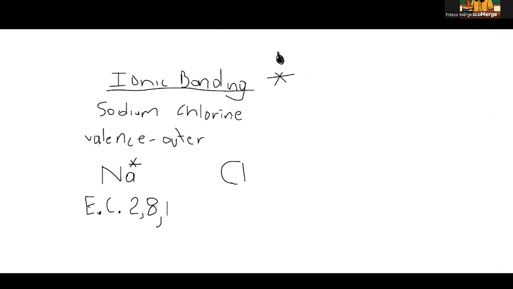Remember, an easy way to get it is to look at the group number of the particular element participating in bonding. Which group do we find chlorine in again? Group 7. Good. So that means it has 7 on the outer shell.